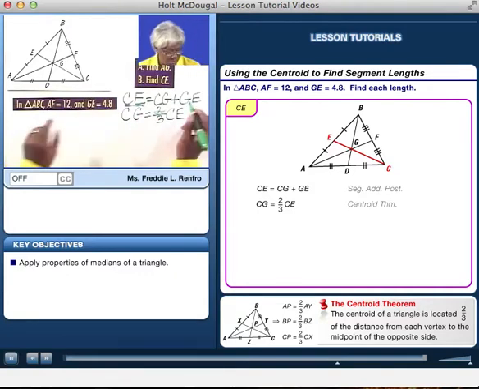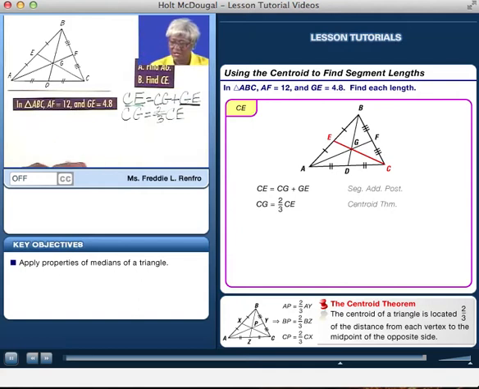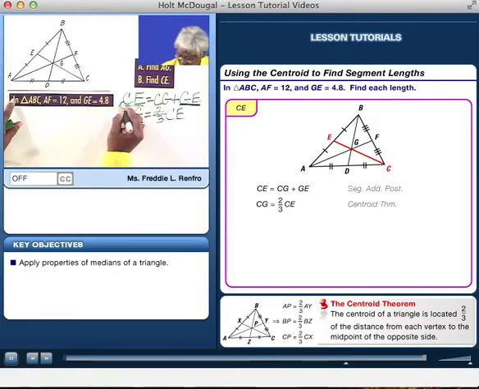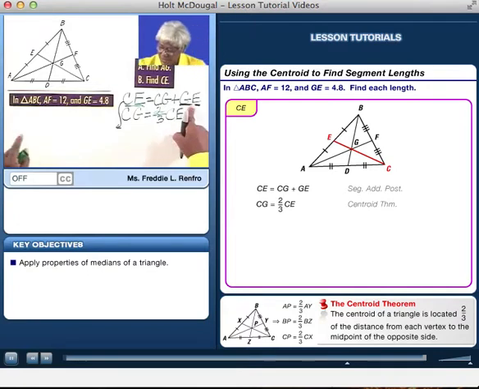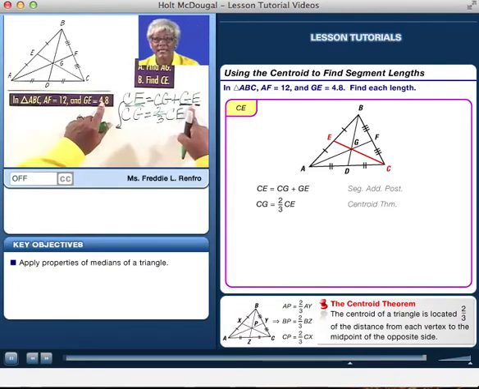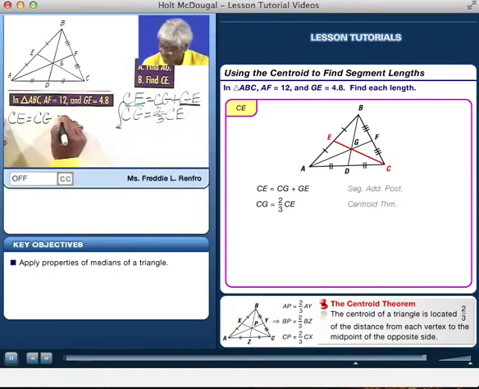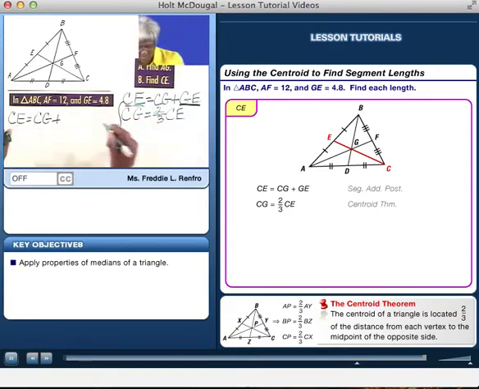Well, what I'm going to do is take that equation and rewrite it, but this time I'm going to substitute 4 8/10 in place of GE. So CE is equal to CG plus 4 8/10.